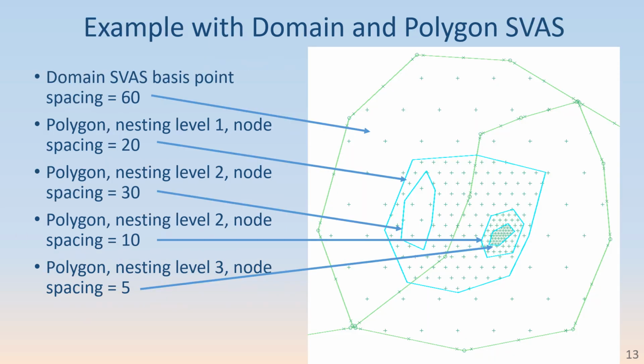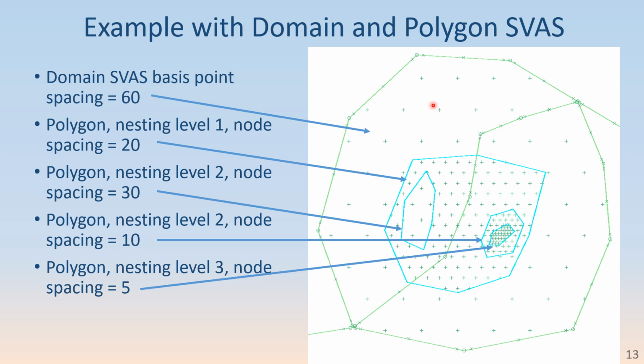Here's an example of basis point spacings in an Anaqsim model, and in the illustration here, the basis points are these little green plus symbols. Here is a domain. This blob-shaped polygon is a domain, and we've had input for a domain SVAS over the area of that domain at a spacing of 60.